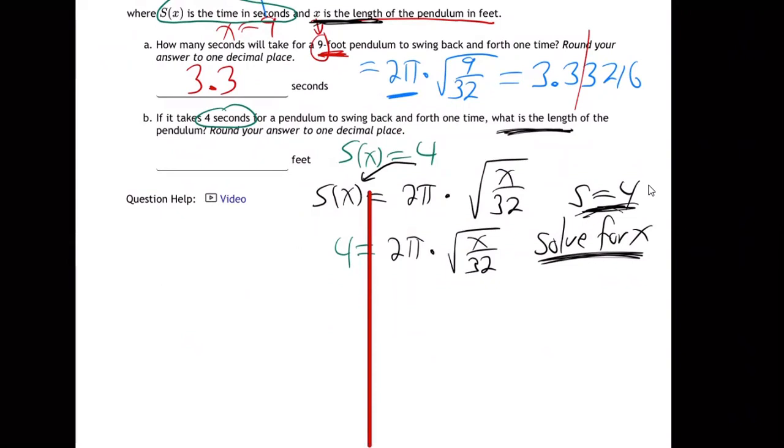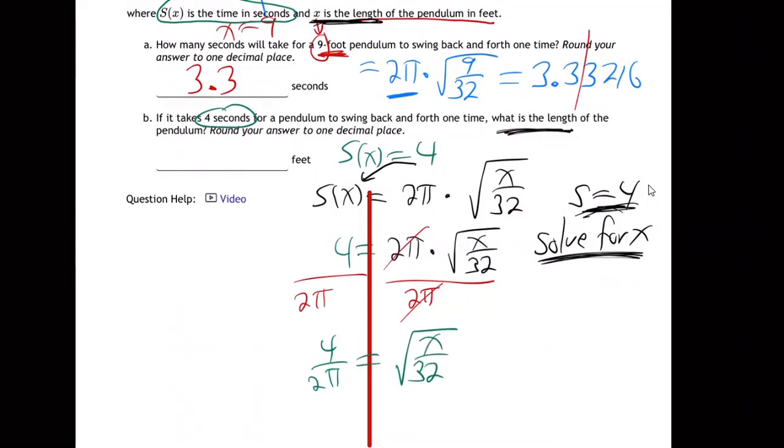So first step, divide by the 2 and the pi. So what do we get then? 4 over 2 pi equals the square root of x over 32, right? Got rid of the 2 pi.